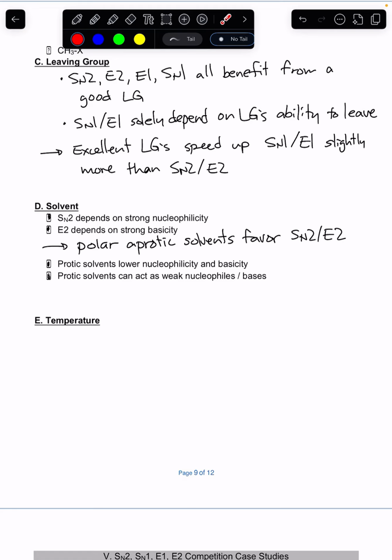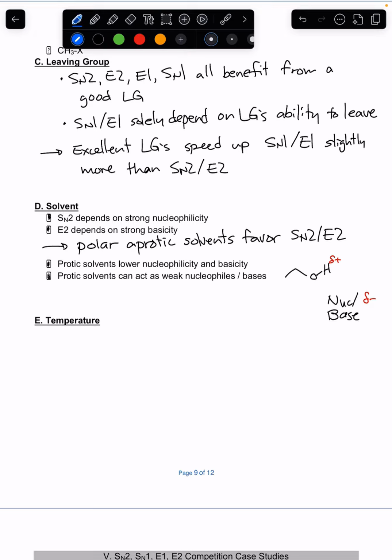Protic solvents, on the other hand, lower the nucleophilicity and basicity. Why? Because remember, protic solvents have a proton on a heteroatom that has a fair bit of partial positive charge. The nucleophile or base often has partial negative charge or full negative charge.